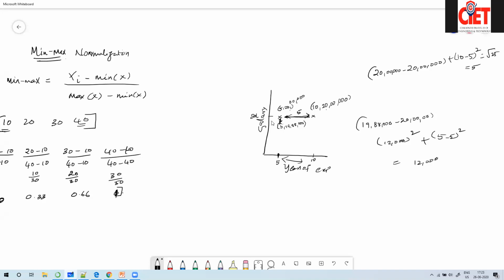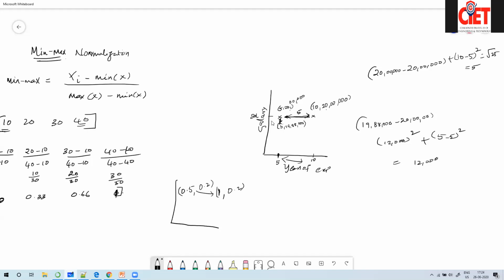How can we account for that? If we take the scale of the variables out. Now if we, let's say, take the scale out, 5 years of experience is 0.5 and 20 lakh salary is, let's say, 0.2. So this observation is 0.5 comma 0.2. Another one with 10 years of experience is going to be somewhat close to 1 comma 0.2.